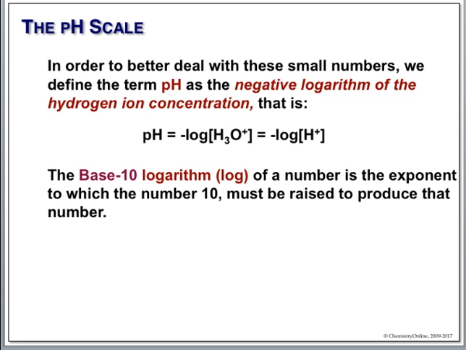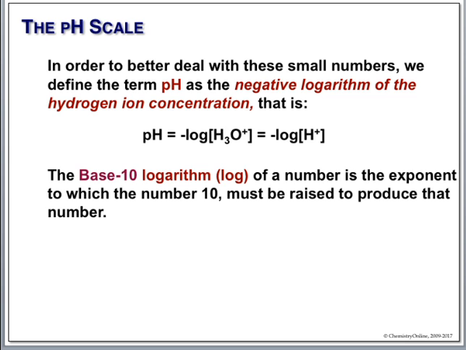But chemists are very positive people and don't like negative exponents. So instead of having it 10 to the minus 7, they put a minus sign in front and called it 7.